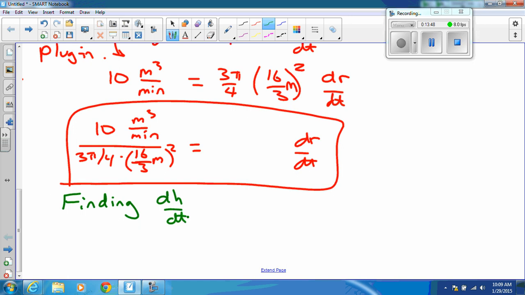I'm really asking for the process. Show me your work. How do you get there? There's actually two ways you could do this.